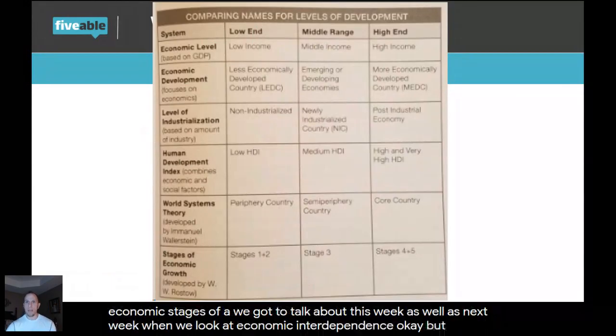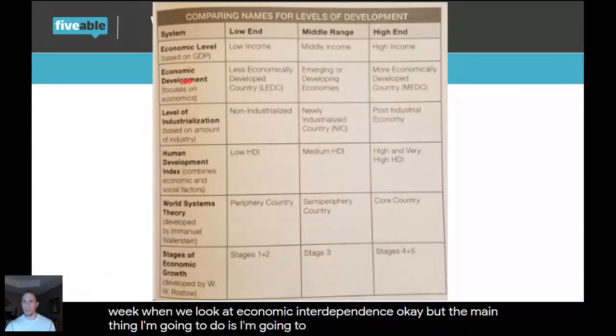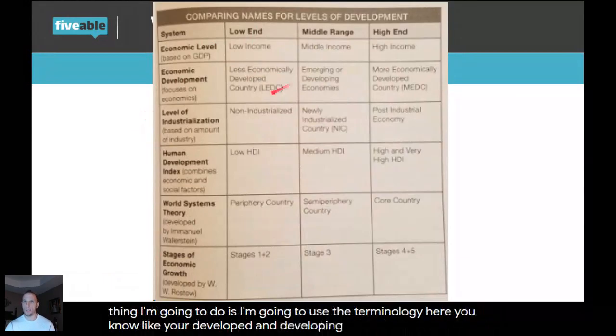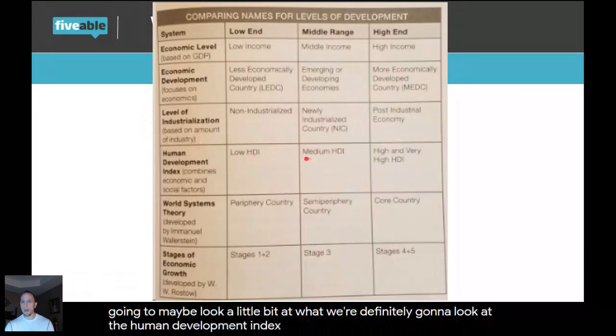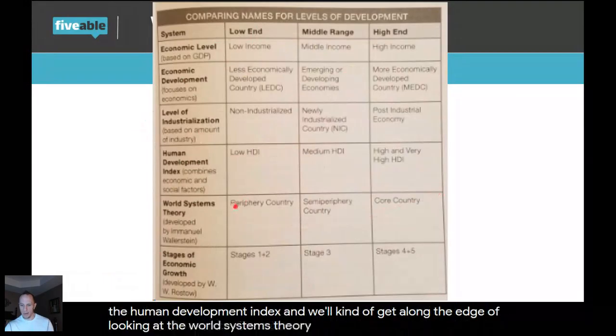But the main thing I'm going to do is use the terminology here, like developed and developing countries, and we're definitely going to look at the Human Development Index, and we'll get along the edge of the world systems theory today, and spend more time on that next week. But all these things are different ways of looking at the same concept, and that is which countries are more developed along that continuum and which ones are not.